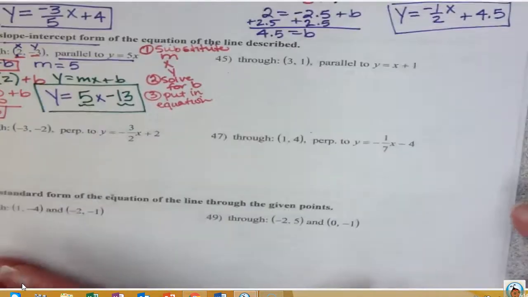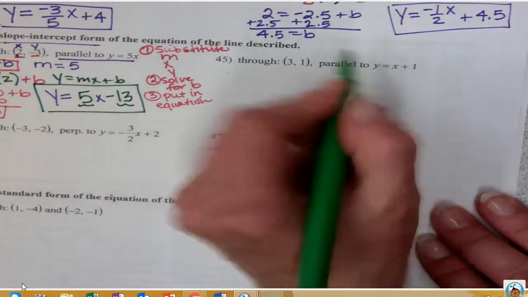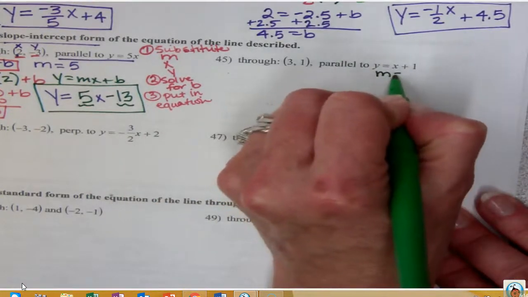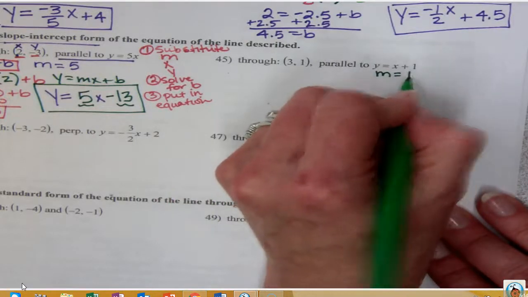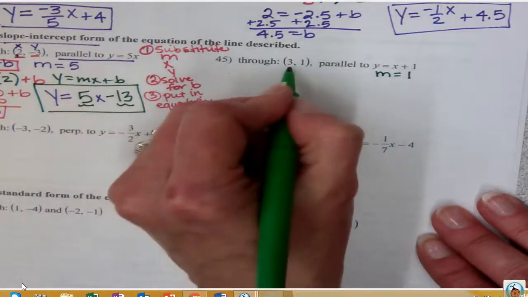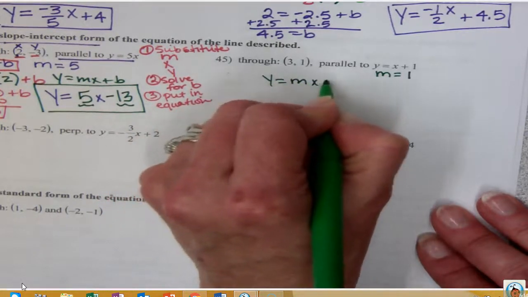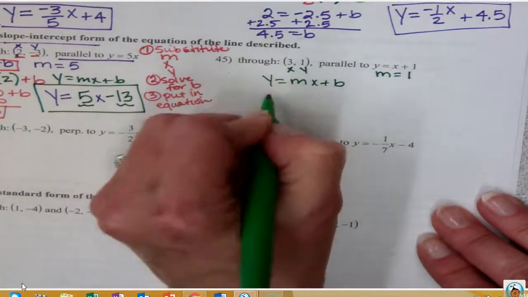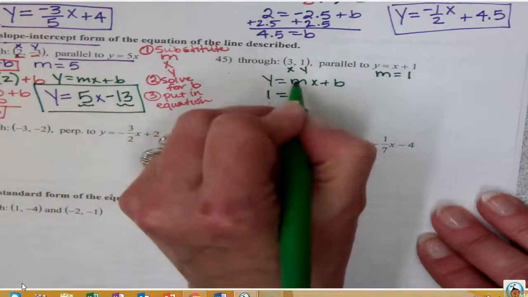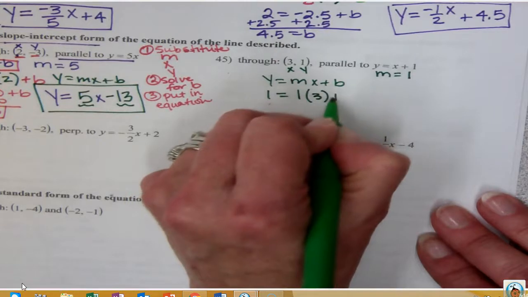Okay, so we're going to do that for each one. If we have this as parallel, what is my slope for this line? It is the value in front of the x, which is 1. I know it goes through there, so I'm going to take my y equals mx plus b and substitute x and y in. Y is 1, m is 1, x is 3, plus b.